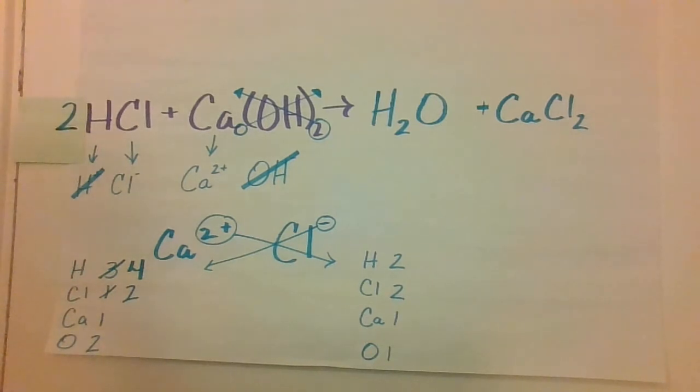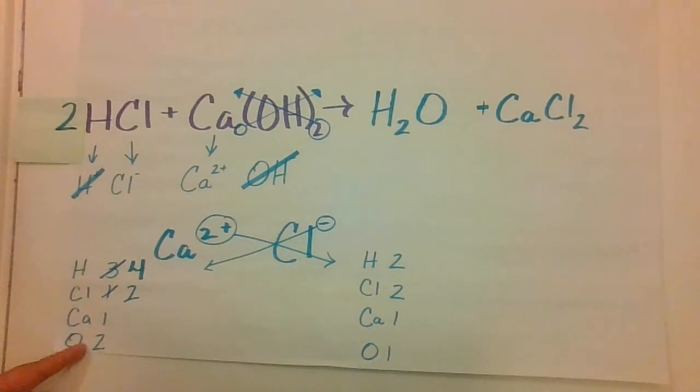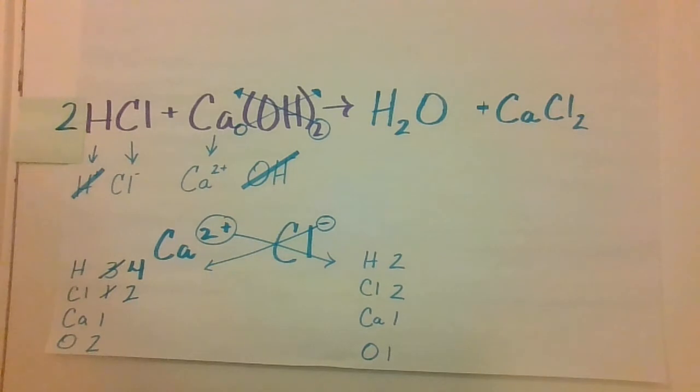So if we take a look, we now need to balance our hydrogens and our oxygens. And this is why the rule of leaving those second to last and last can be very beneficial, because typically hydrogen or oxygen is a diatomic element or compound.